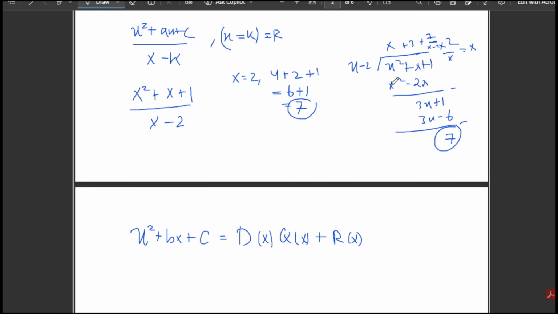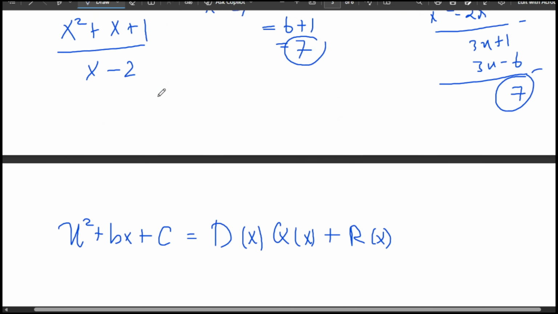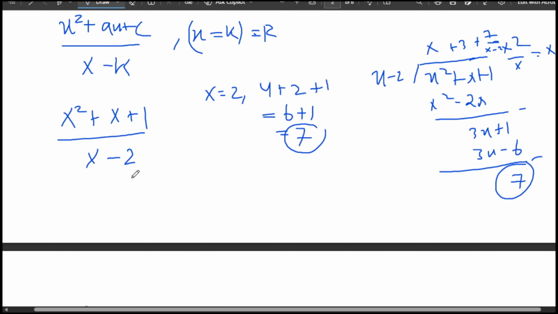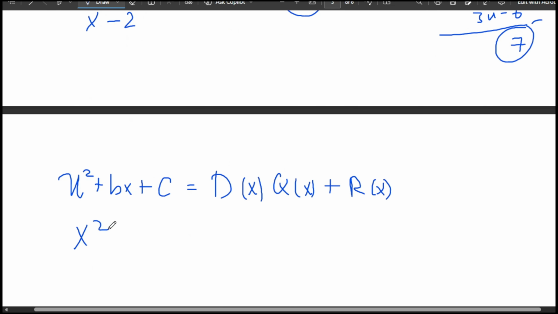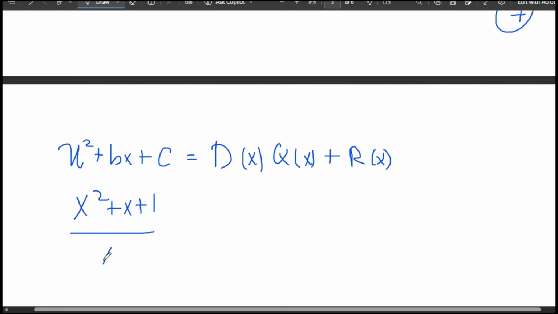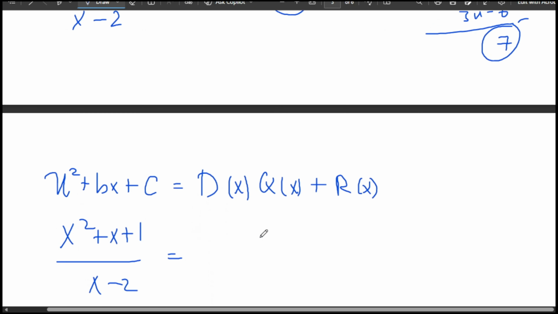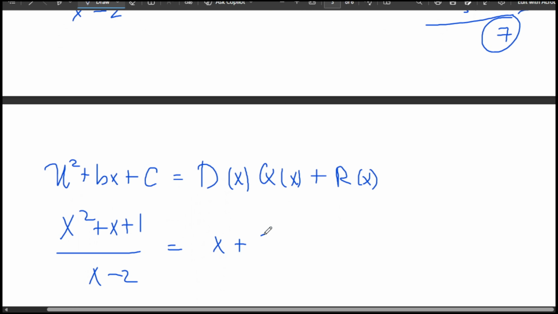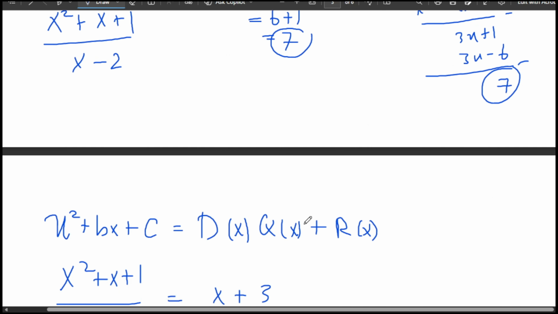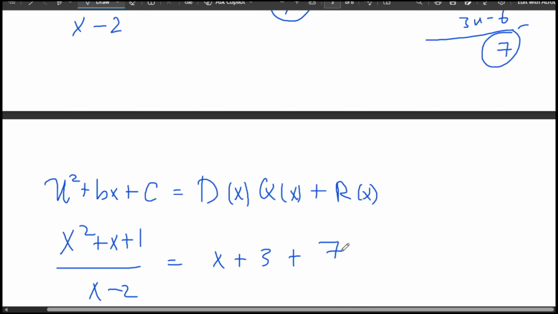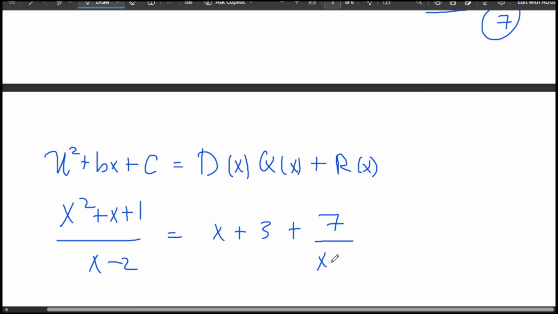As you can see, x squared plus x plus 1 over x minus 2 is basically the same thing as x plus 3, plus 7 over x minus 2.